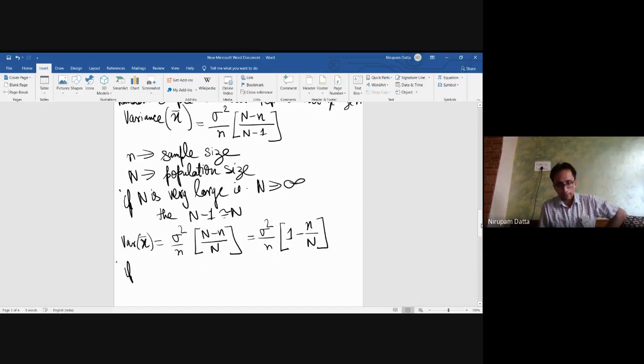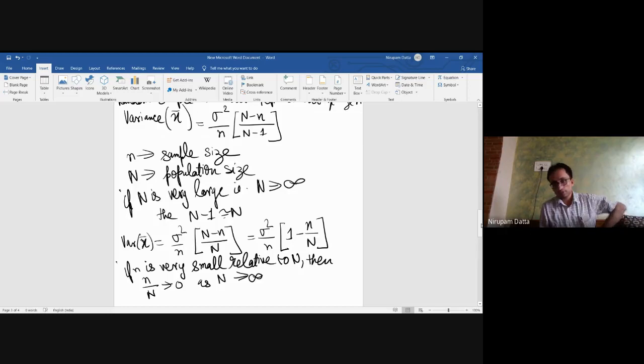Now, if n is very small relative to capital N, then small n by capital N tends to 0 as capital N tends to infinity.